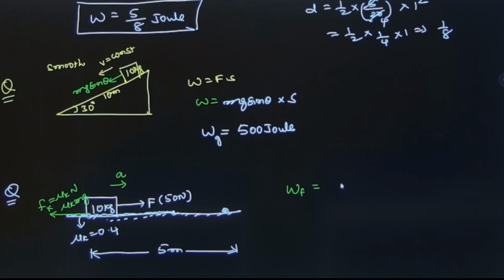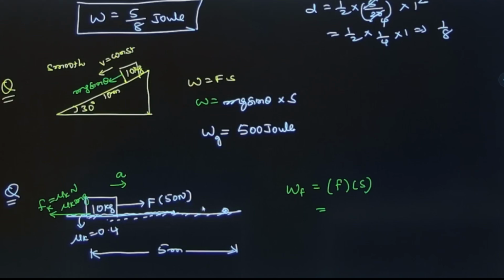Work done is frictional force into displacement. The frictional force is in the backward direction. The displacement is in the forward direction and the applied force is 50 Newton.